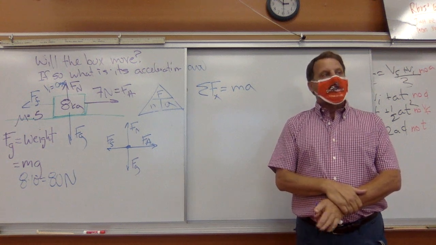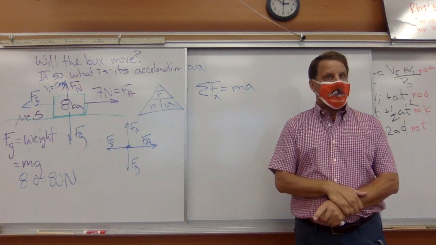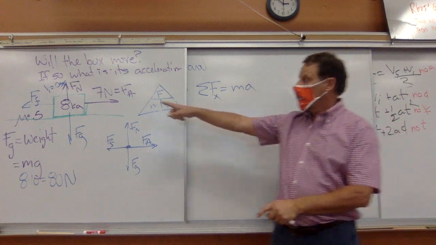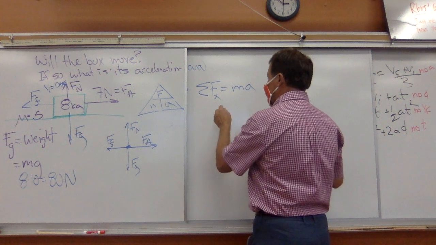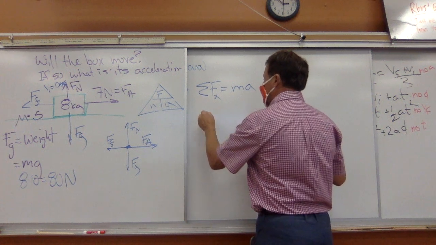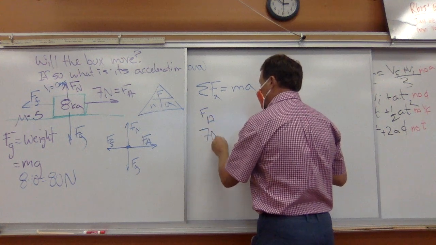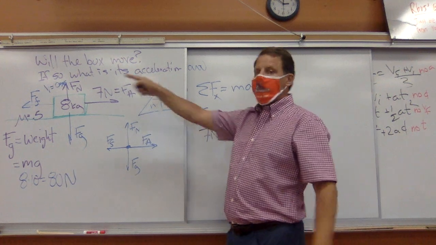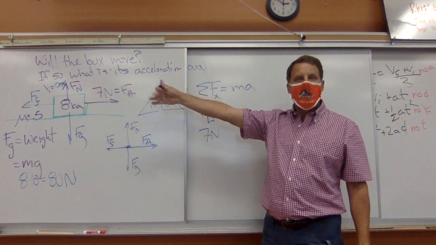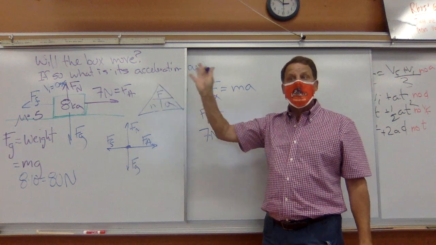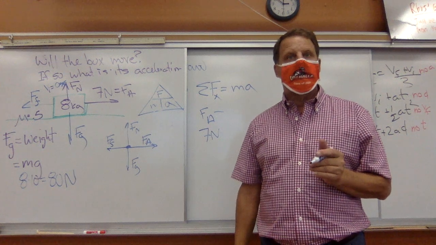What is our force to the right? 7 newtons, right? So we're going to take our applied force, which is 7 newtons. What is our force to the left? What is going to make this thing slow down or potentially not move?